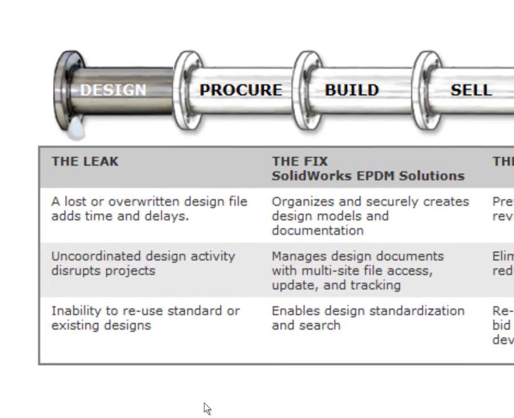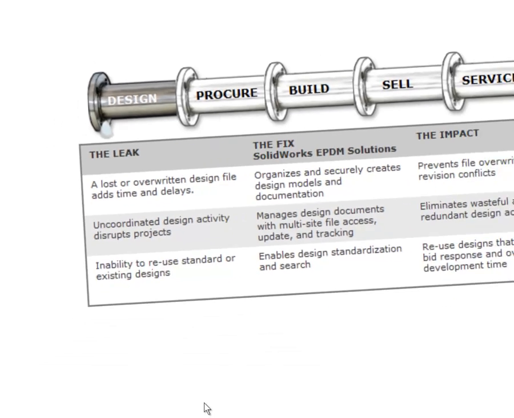As an example, Enterprise PDM will help you to minimize the leaks in lost files or files that have to be recreated because they cannot be found. You can have multiple users working on the same project and they overwrite each other's files. So Enterprise PDM will help you to minimize the leaks in every step of your process.